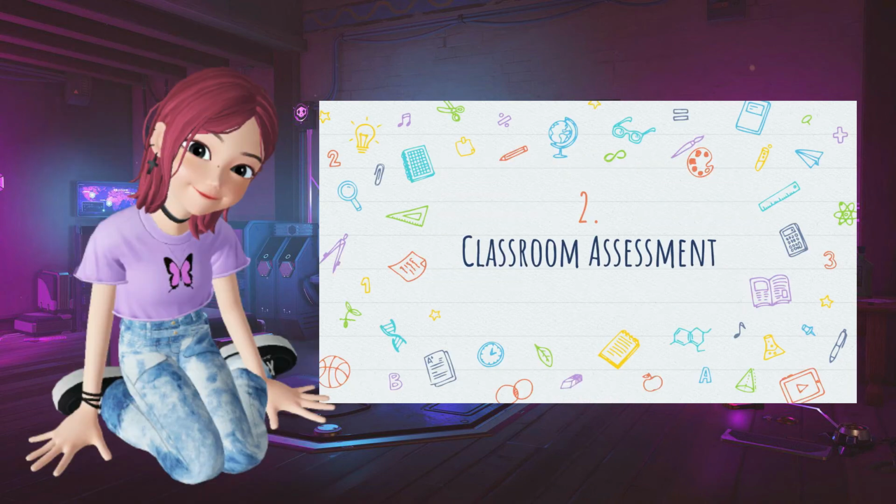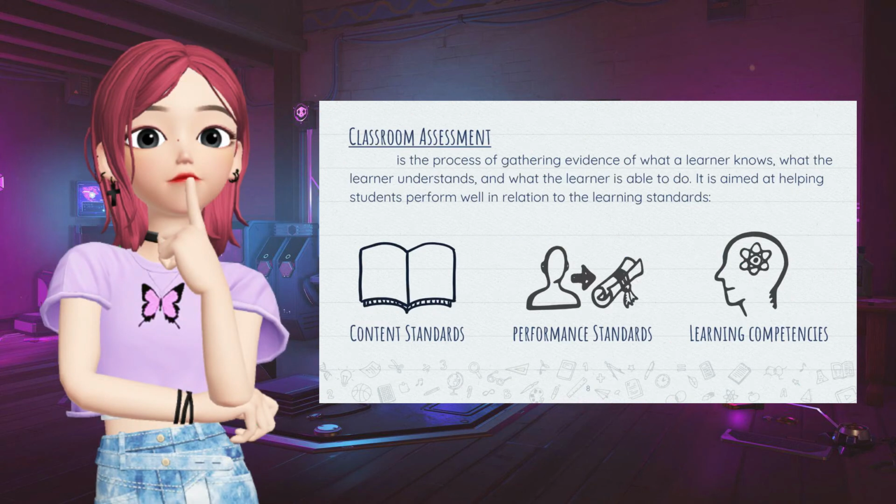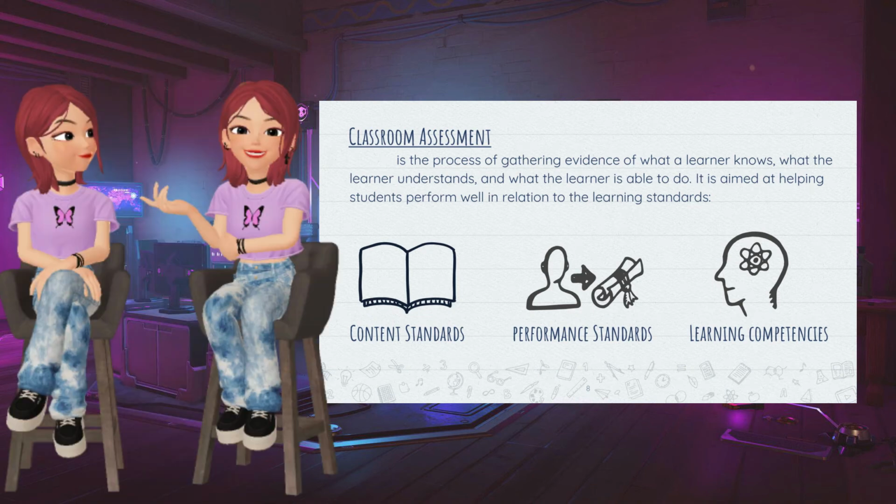Classroom assessment. It is the process of gathering evidence of what a learner knows, what the learner understands, and what the learner is able to do. It is aimed at helping students perform well in relation to the learning standards. Content standards identify the set of essential knowledge and understanding that should be learned.